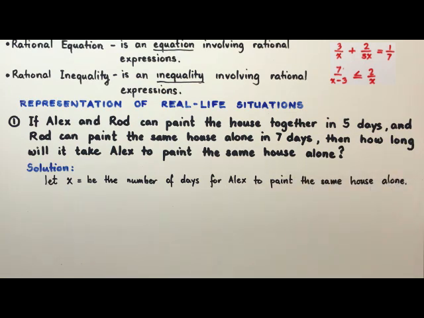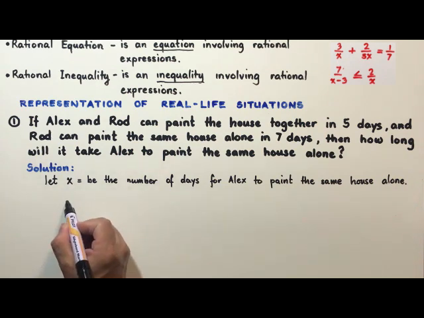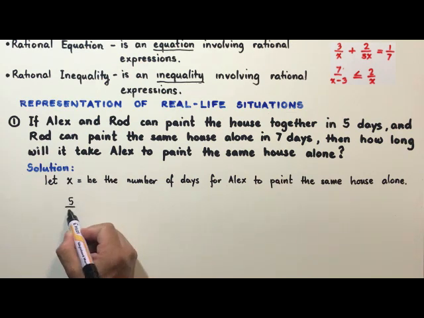So we can represent this problem by an equation of the one whole work. We say here that 5 over 7 is the part of work done by Rod if they work together with Alex in painting the same house.